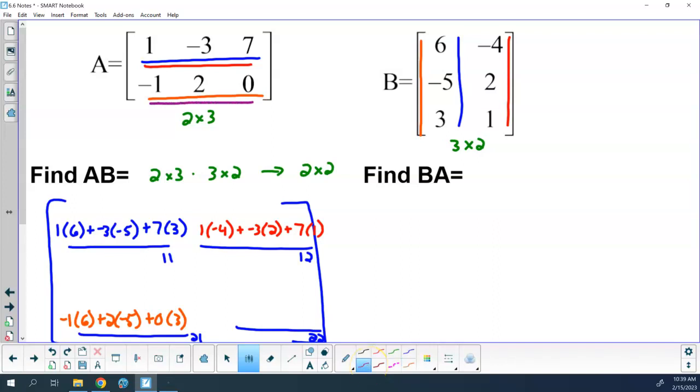Row 2 times column 2. Negative 1 times negative 4, 2 times 2, zero times 1.